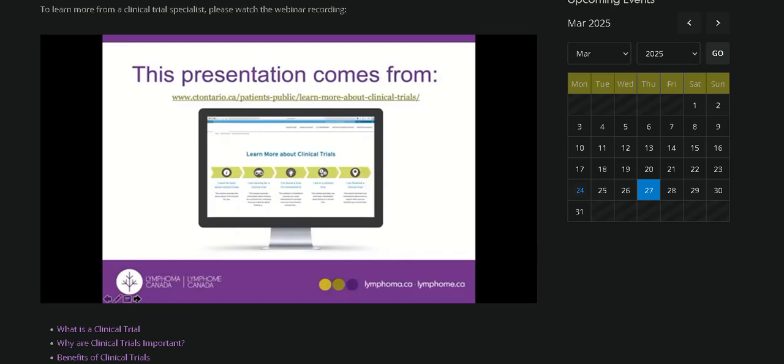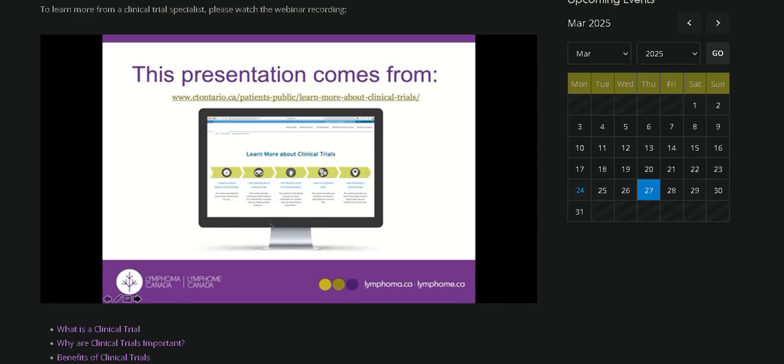The slides that I'll be working through do come from the CTO website. If you go to www.ctontario.ca, you'll see a drop-down menu, Patients and the Public, and everything I'm going to talk about is under the Learn More about Clinical Trials section.